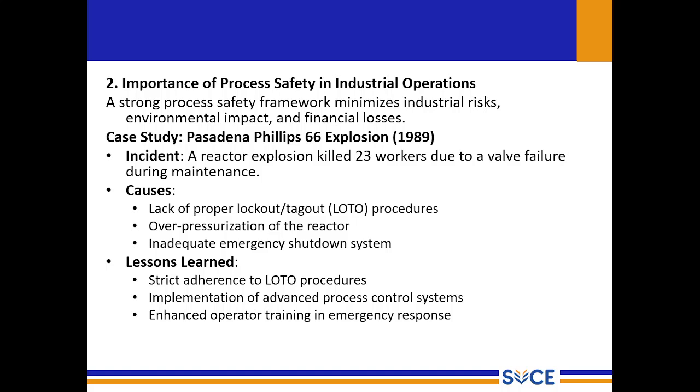So what actually happened? A massive reactor explosion occurred due to a valve failure during maintenance. This explosion killed 23 workers and injured more than 130 others. The blast was so powerful that it destroyed parts of the plant and caused extensive damage to nearby areas.